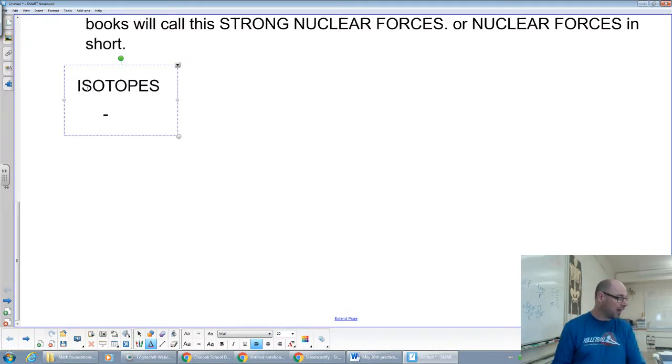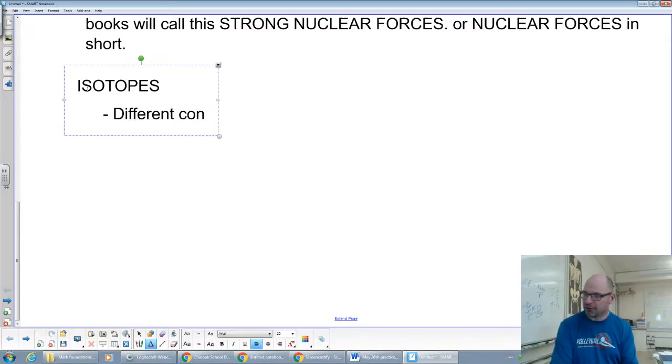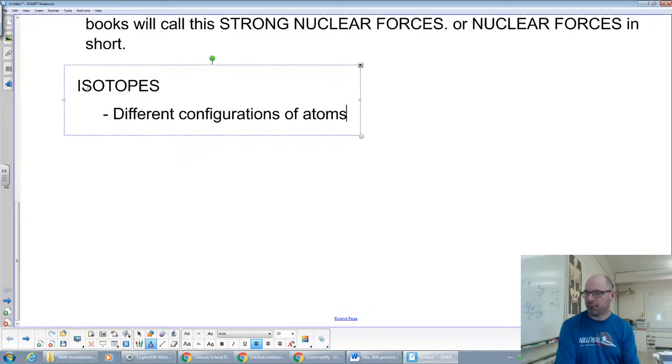And isotopes of different atoms can have different nuclear masses. So these are different configurations of atoms, basically.